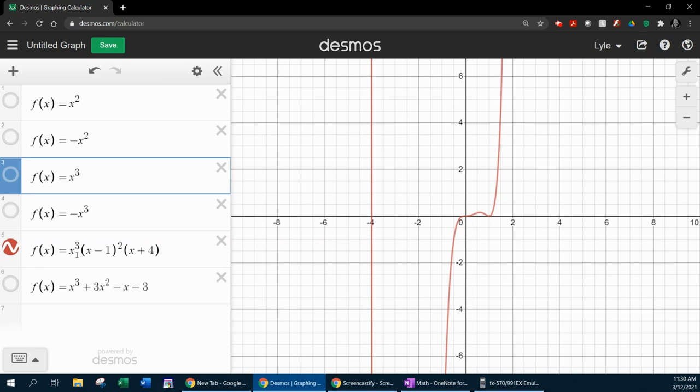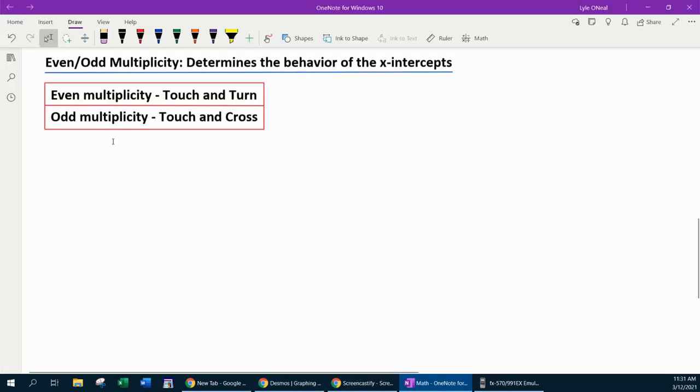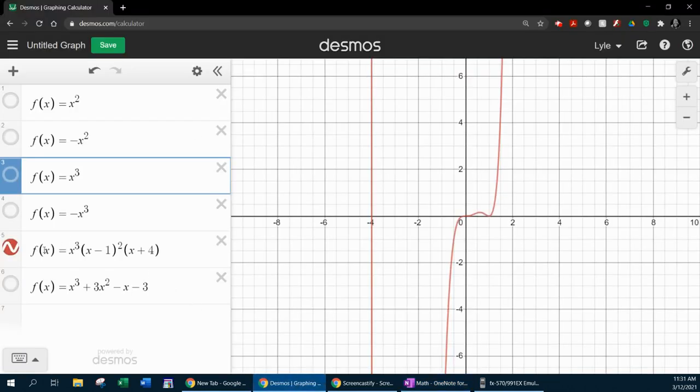The multiplicity corresponds to the exponent of the factor. So for this factor of x here, since it has an odd power, an odd multiplicity means that it's going to touch and cross at that x-intercept.